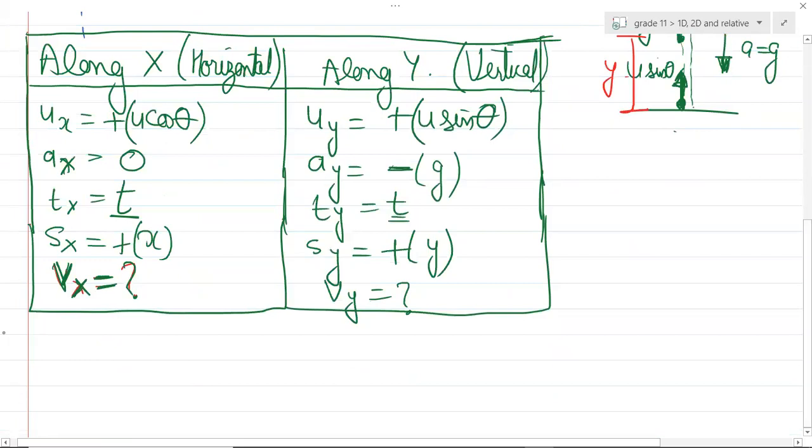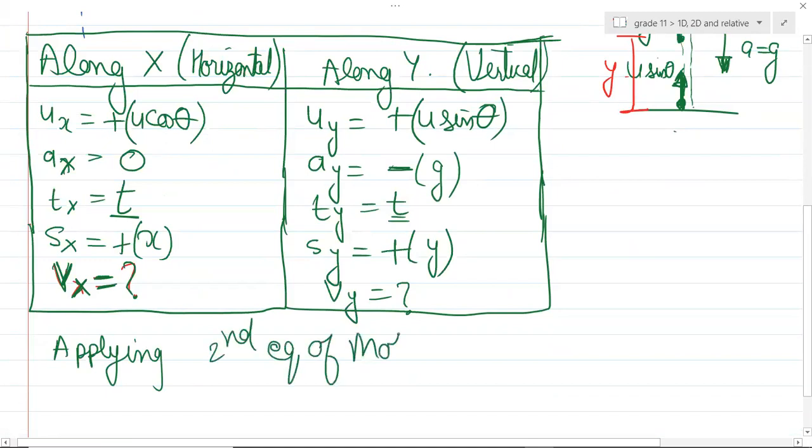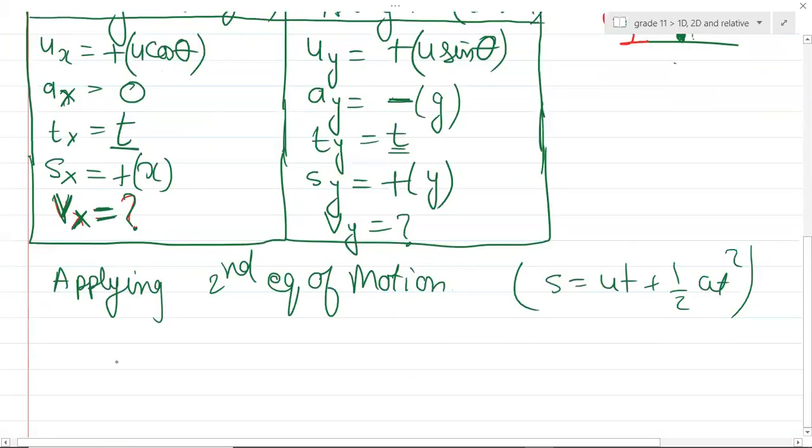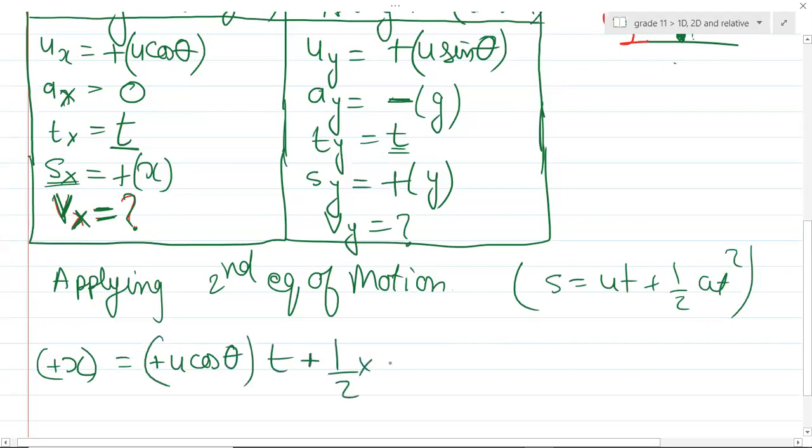So let's start. First, can we apply the second equation of motion? So applying the second equation of motion. What is the second equation of motion, by the way? So I can apply s is equal to ut plus half at square.